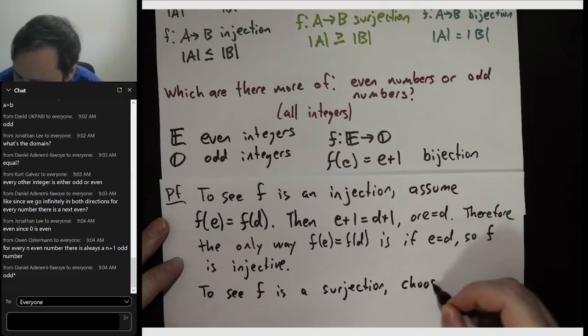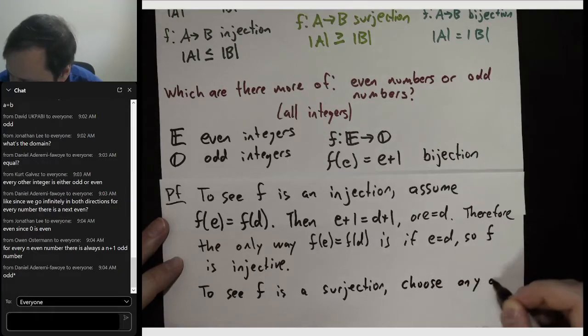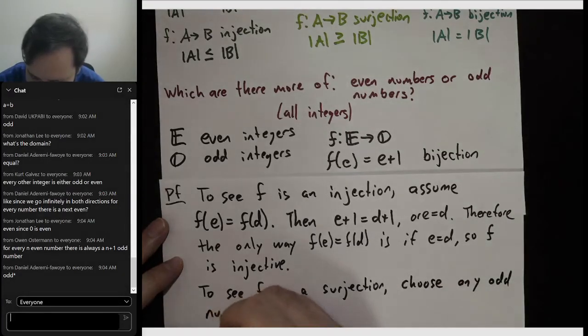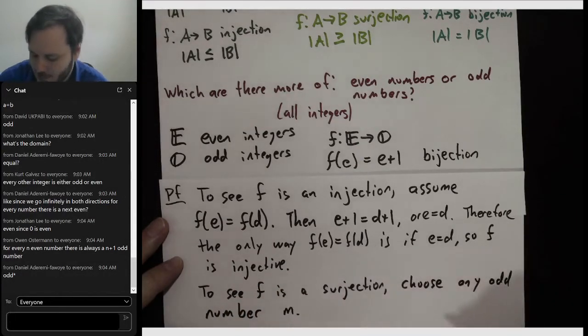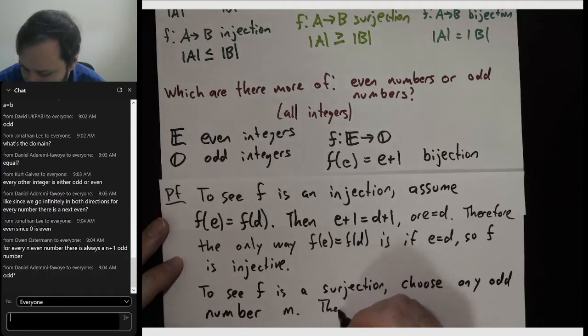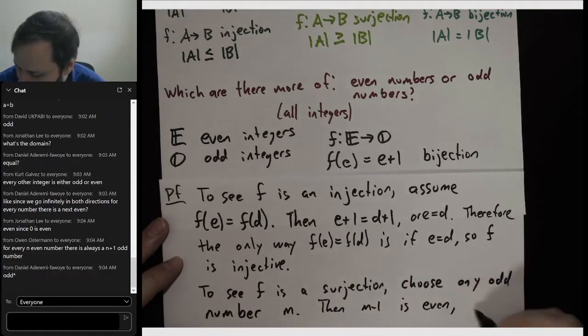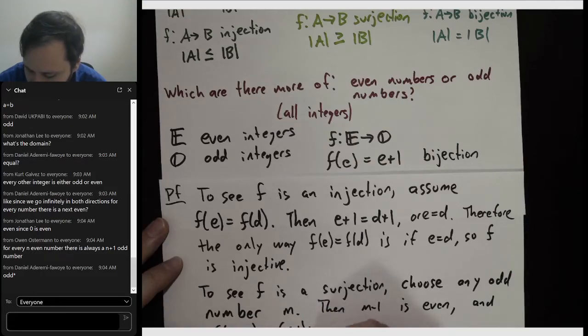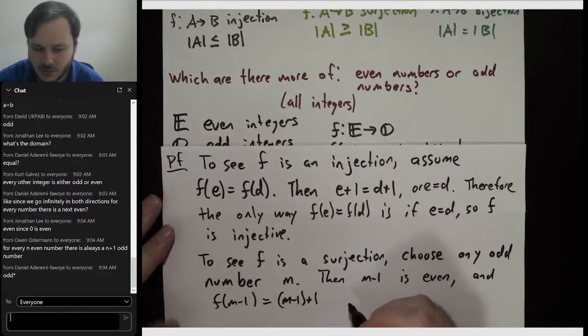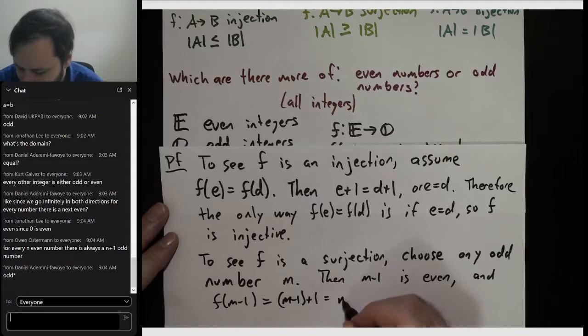Choose any odd number, let's say m, then m minus 1 is even, and f of m minus 1 is equal to m minus 1 plus 1. Oops, I'm off the bottom of the page, which is equal to m.